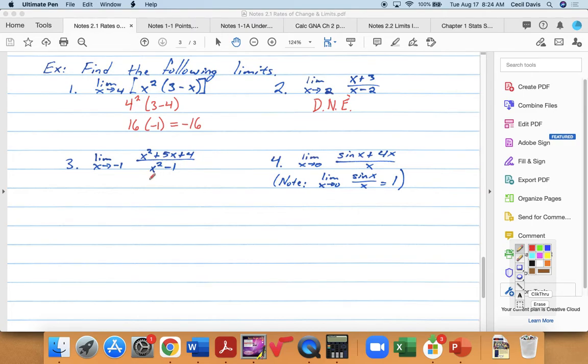And in the denominator, we also get 0. When you get 0 divided by 0, that is indeterminate. Why is it not 1? Why isn't it 0? 0 doesn't have a value, so 0 can't go to 0.